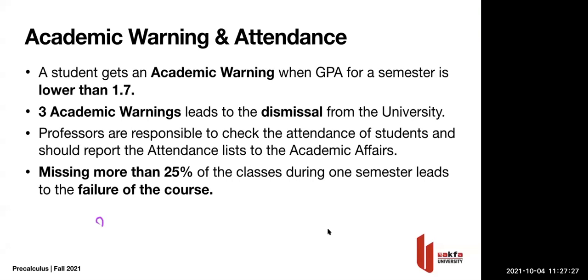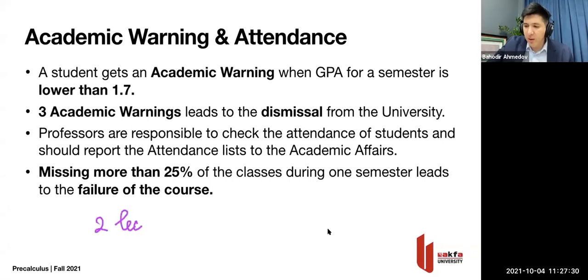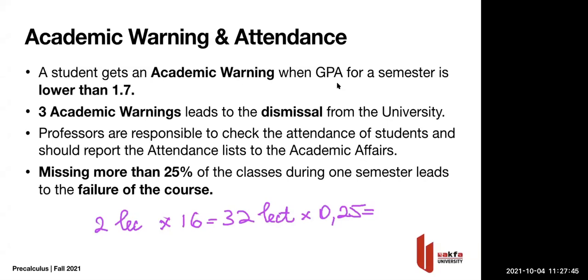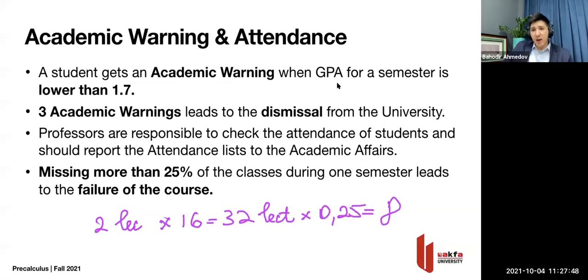Yeah, 2 lectures every week, multiplied by the number of weeks, which is 16. There are 32 lectures. What is going to be 25% of 32? 8. Okay? This is exactly 25% of all of the lectures for our course, but you can do this kind of calculation for all the other courses as well. It means that if you miss 8 or more lectures in this course, you're going to fail this course automatically.